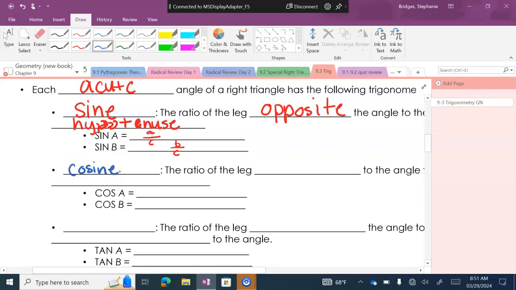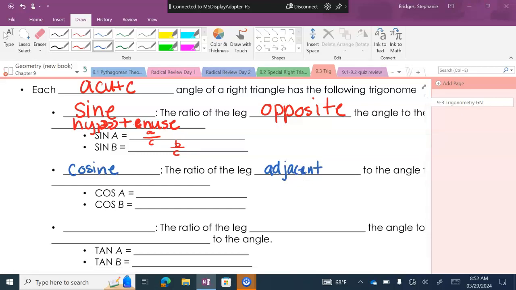Now, the next one is called the cosine. It is spelled C-O-S-I-N-E, but when we abbreviate it, it is just C-O-S. That is cosine. That is going to be the ratio of the leg that is adjacent to the angle. What does adjacent mean? Next to, okay? Not opposite, but adjacent to.